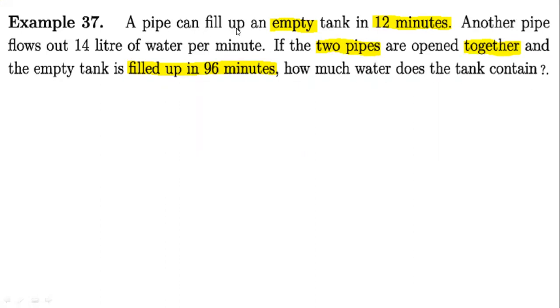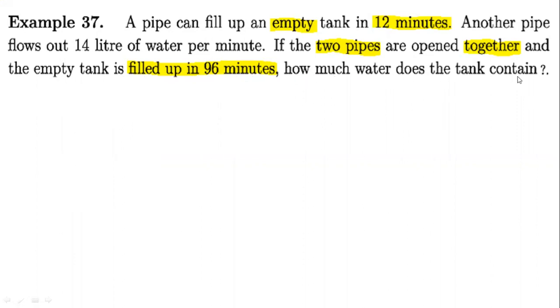That means our first pipe will fill the tank in 12 minutes, and another pipe will flow out 14 liters of water per minute. And if the two pipes are opened together, then the empty tank is filled up in 96 minutes. How much water does the tank contain?